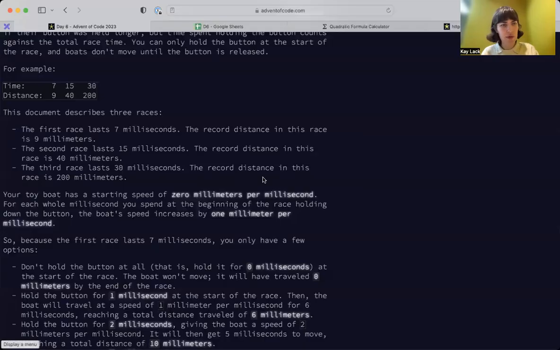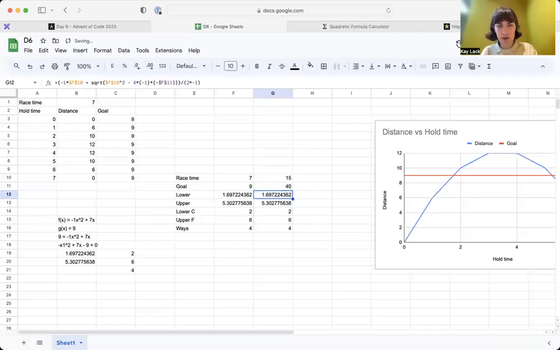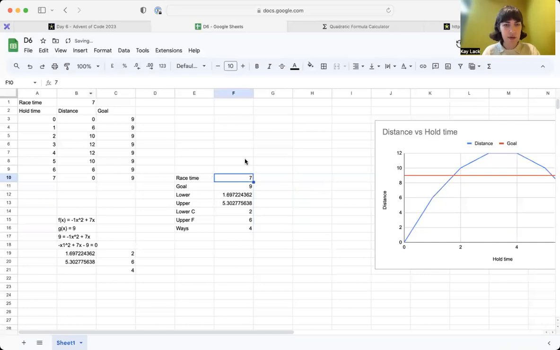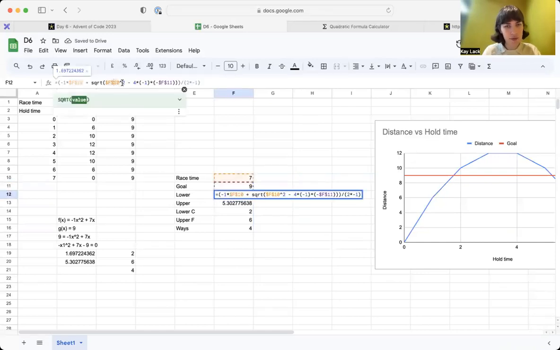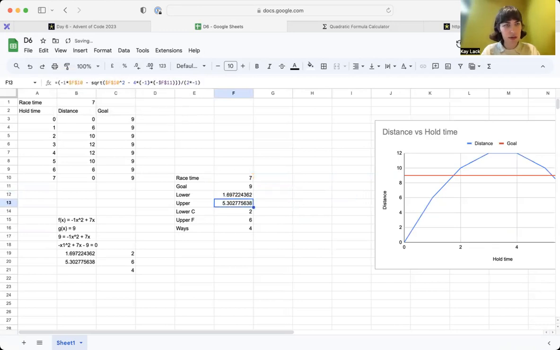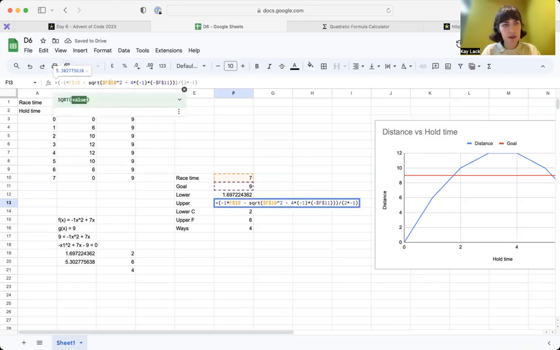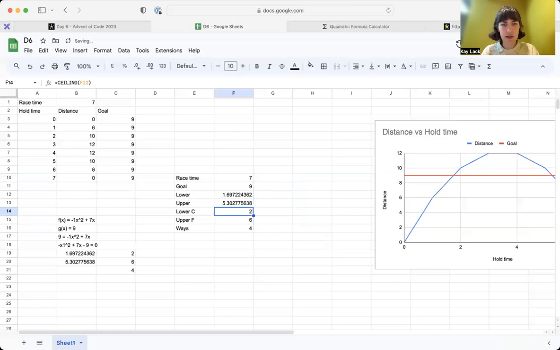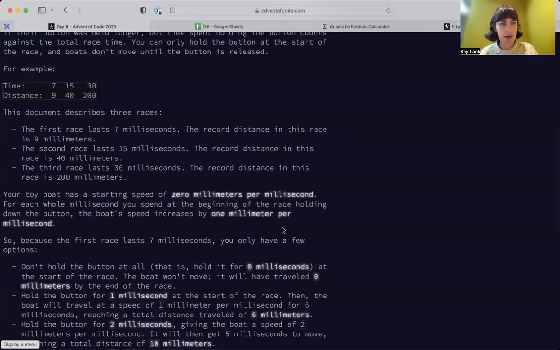So time 15, distance 40. Get these formulas a bit. This, this, this, this, this, this. 15 and 40 should get us 8 ways.